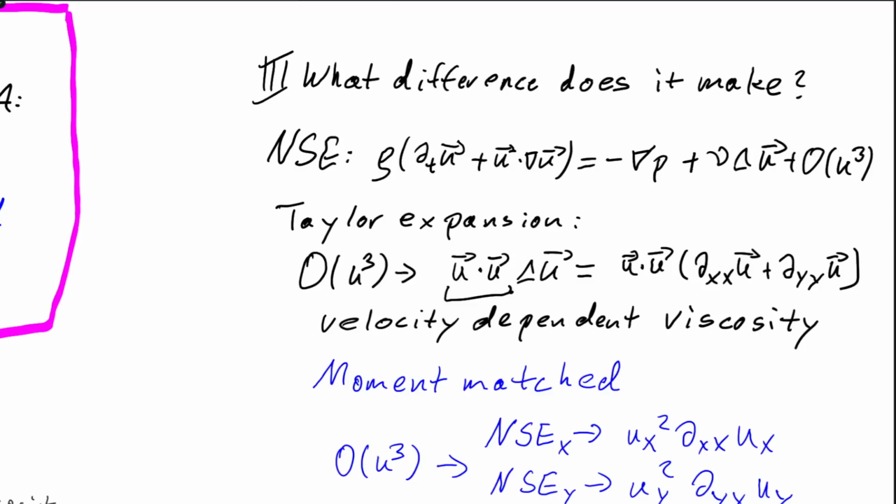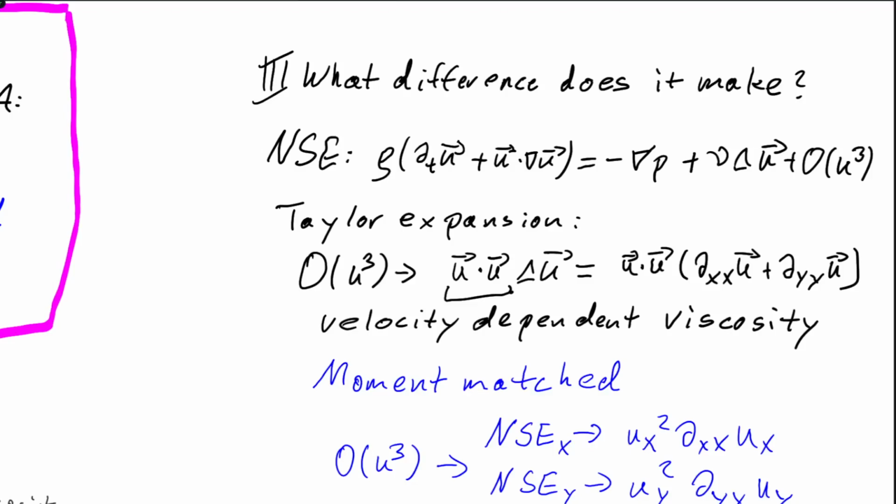The way this third order error looks is different between the Taylor expanded and the moment matched method. In the Taylor expanded method, the good thing is that we have an isotropic error, that comes as this square of velocity together with the viscous term.